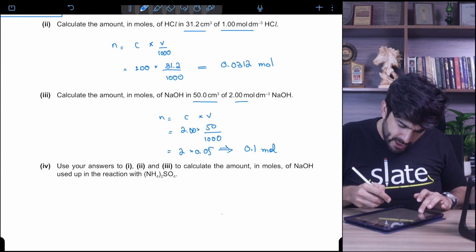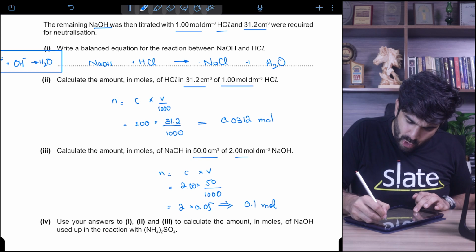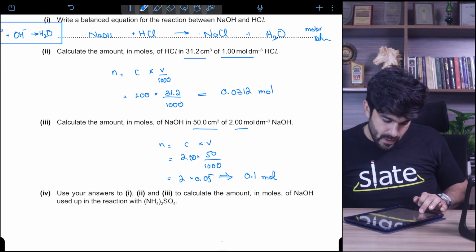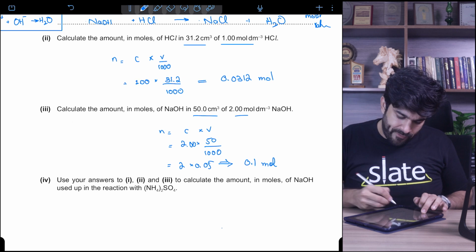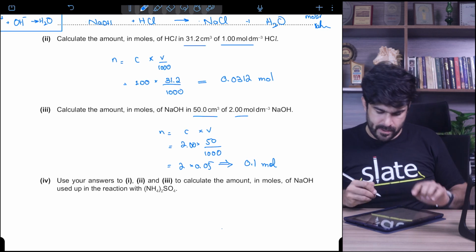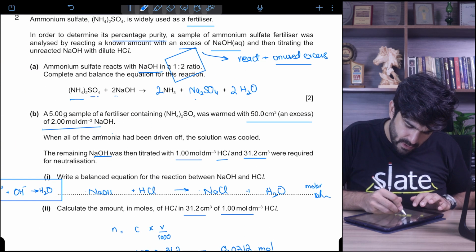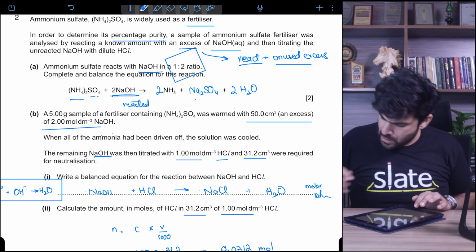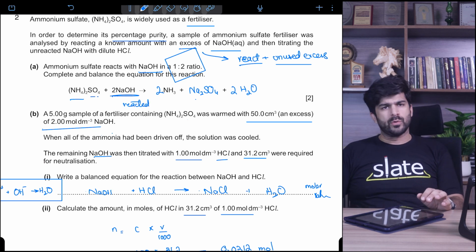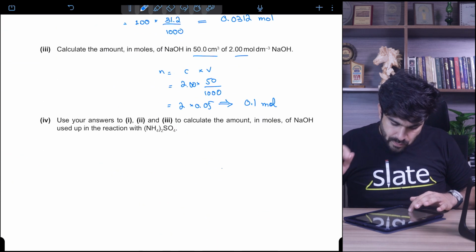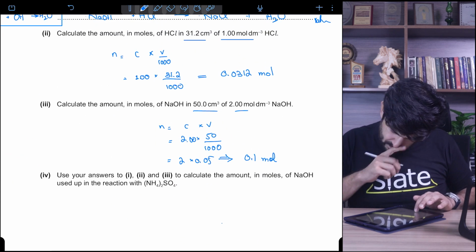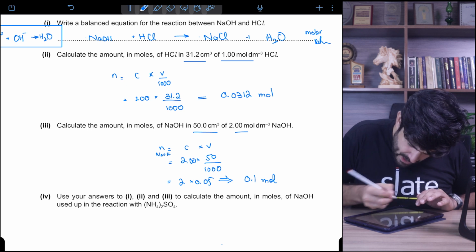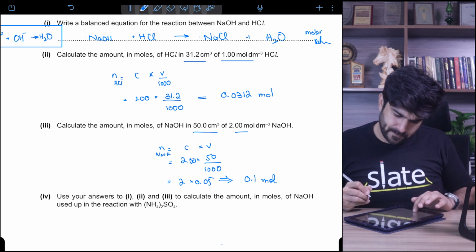Now, use your answer in 1, 2 and 3, 1 for molar ratio, to calculate the moles of NaOH used up in this reaction. Used up ka matlab the one that reacted. Now that is the calculation we want to understand. Firstly, we have calculated the moles of NaOH here. These are the moles of HCl.